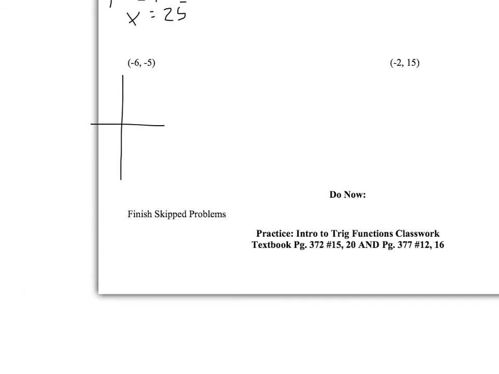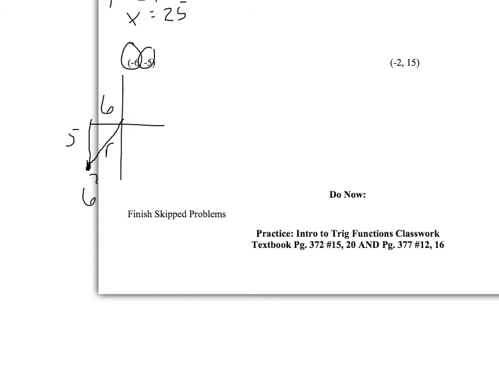-6, -5 is going to be about right here. Okay, it's in the 3rd quadrant. You go straight up or down to the x-axis, and you go diagonal to the origin. The x distance, I know you see an x value of -6, please put a +6, because the distance is positive. And the y distance is +5. We will use the Pythagorean theorem to find the 3rd side.